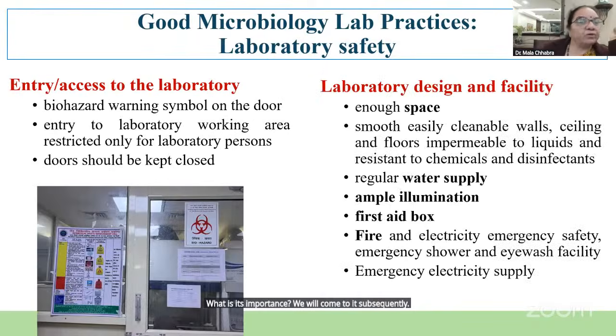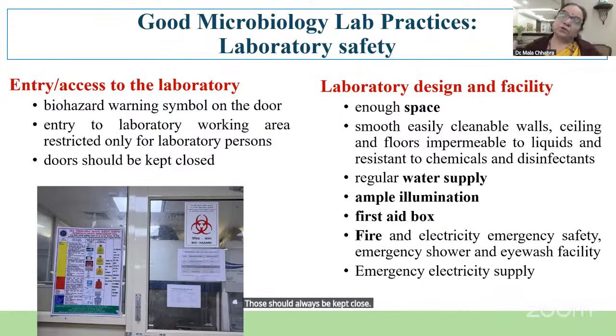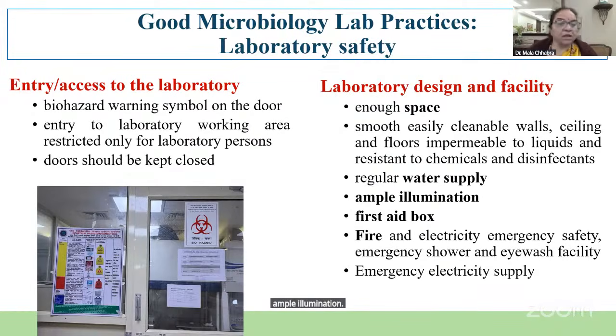Other laboratory practices: you have to have a biohazard symbol at the entry of the laboratory. The door should always be kept closed. Don't clutter the laboratory. You should have enough space, regular water supply, ample illumination, a first aid box. You should be trained in dealing with fire and electricity emergencies and safety tips.